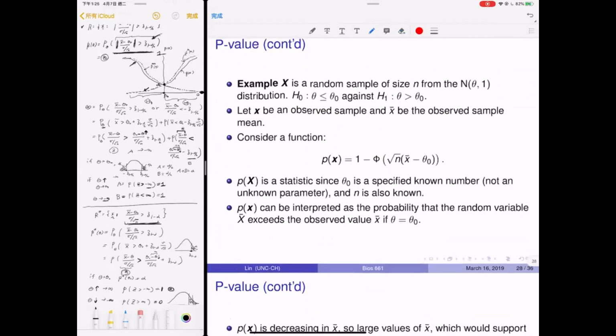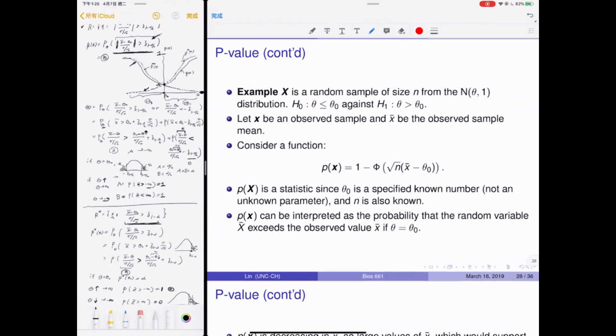So if x1 to xn is a random sample from normal theta, 1, testing theta smaller than theta 0 against theta bigger than theta 0. Say little x right here is the observed sample.